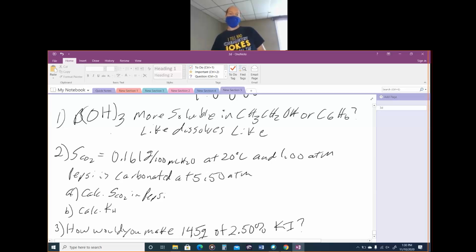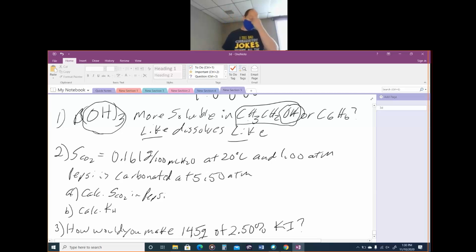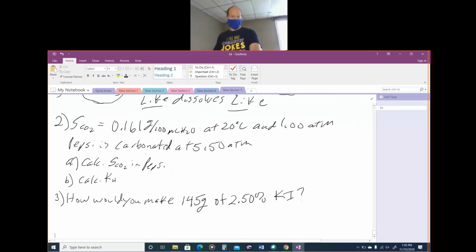When you see OH, you have hydrogen bonding, and like dissolves like. And so your CH3CH2OH would dissolve your BOH3. It is much more soluble in that than it would be in C6H6.